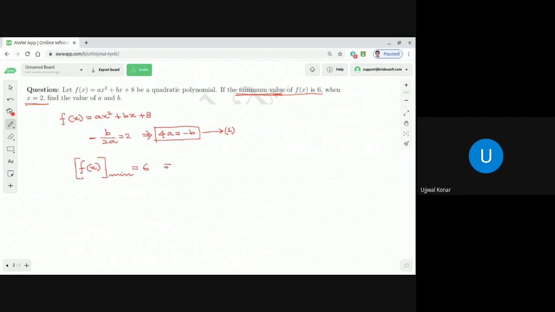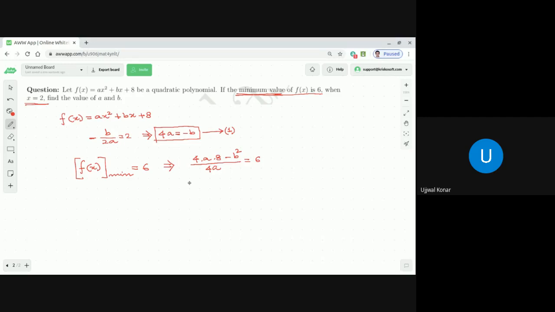So 4 into a into c minus b square, where c is 8, divided by 4 into a, is equal to 6. So from here, can't we find the value of b?